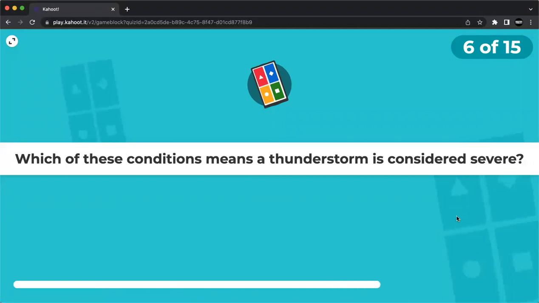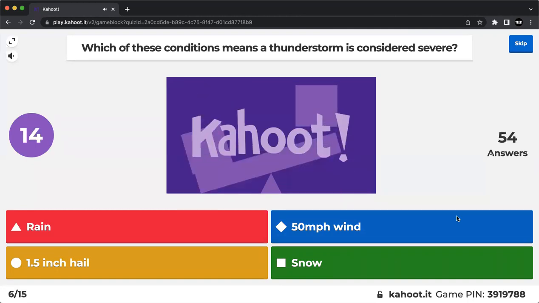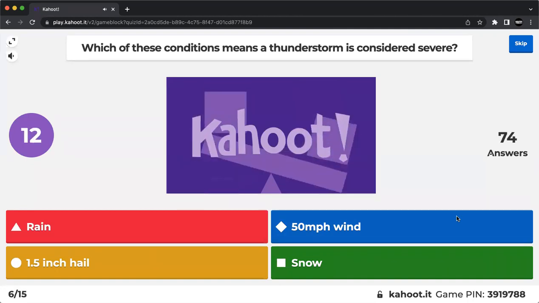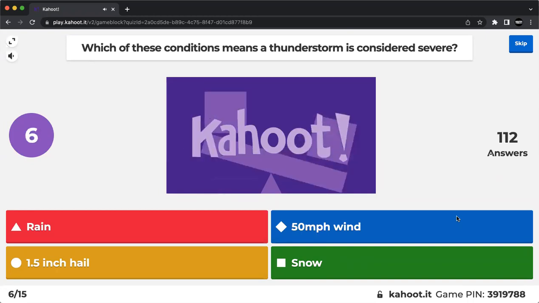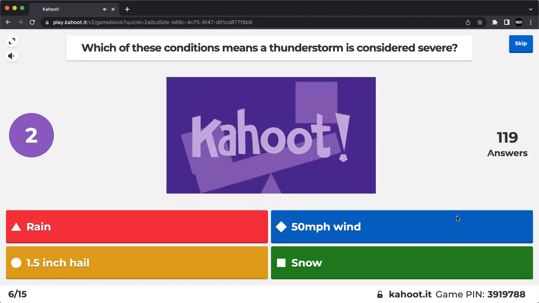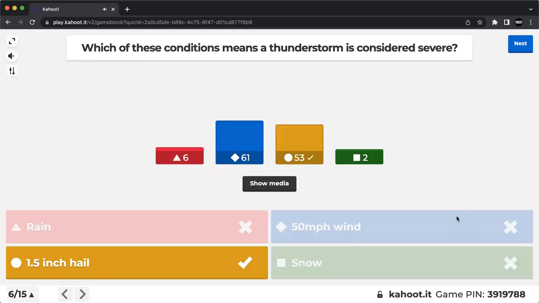Which of these conditions means a thunderstorm is considered severe? Maybe not the best question wording, but yeah. If there's rain, is it severe? If there's 50 miles per hour wind, is it severe? If there's 1.5 inches of hail, would that be considered severe? Or maybe if it's snow. So it's 1.5 inch hail.